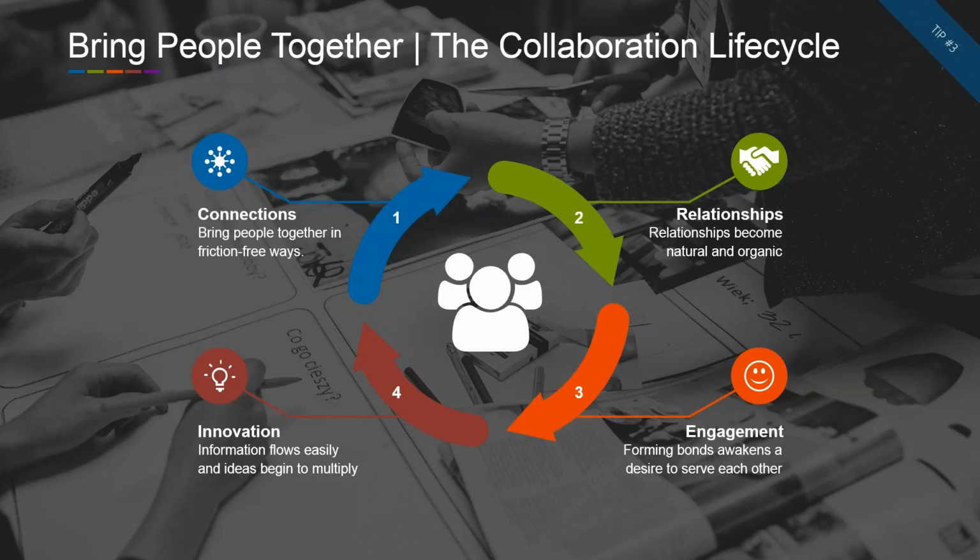We see relationships start to be developed. People start to have colleagues that are closer to them. They start talking more, start communicating, and from that, engagement goes up, right? Each of us is happier because we enjoy working with other people. That's just in our DNA, whether you like people or not, or say you're an introvert or extrovert, we all like to work with people, and it awakens this bond to serve each other and work with each other, and engagement goes up.